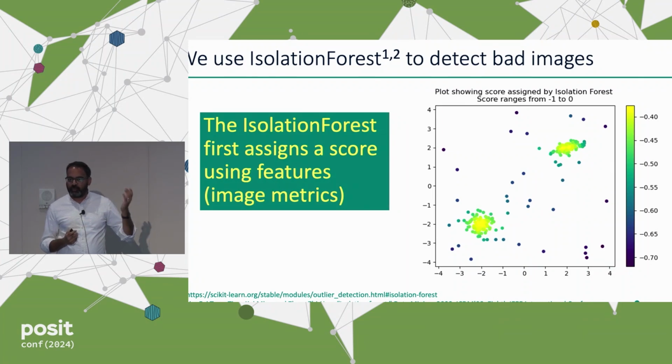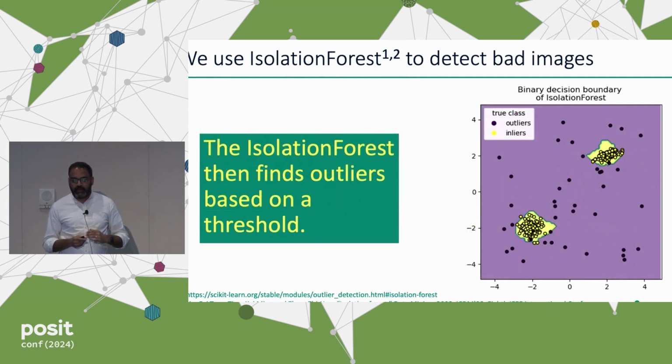Once we have those image metrics, it calculates a score. It ranges from -1 to 0. Once it has this score, it uses a threshold, automatic as I mentioned, and then it finds the outliers and inliers. Now you can specify a threshold if you think, oh, maybe 3% of my images are bad, or 4%. But you see where I'm going with this?